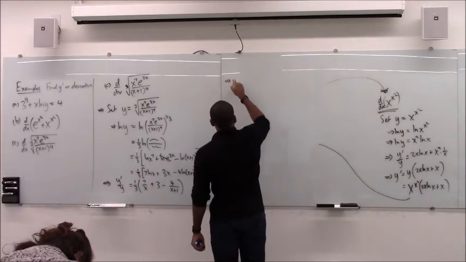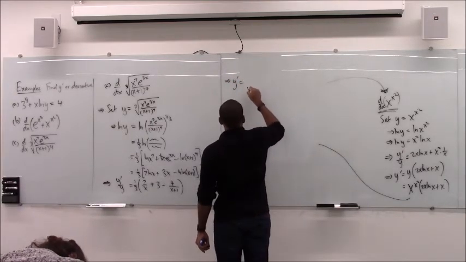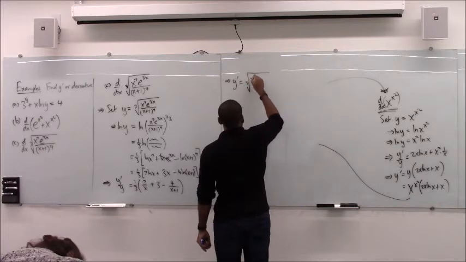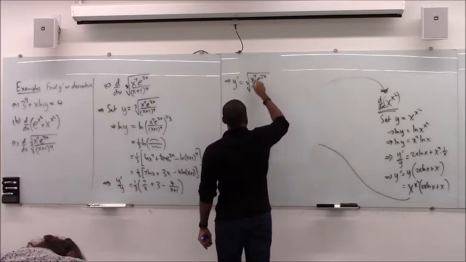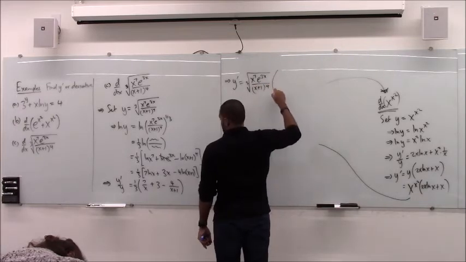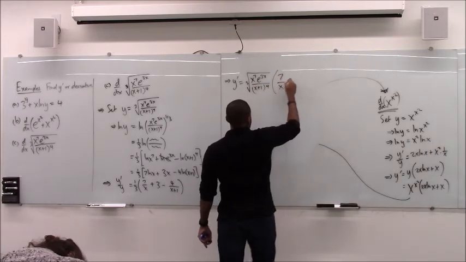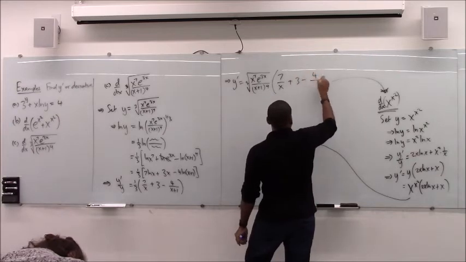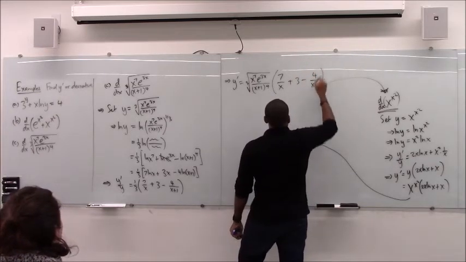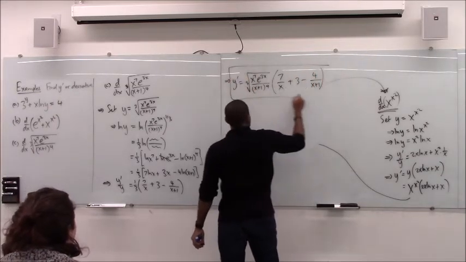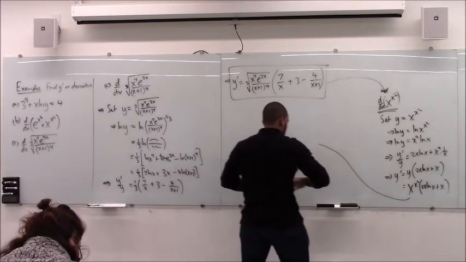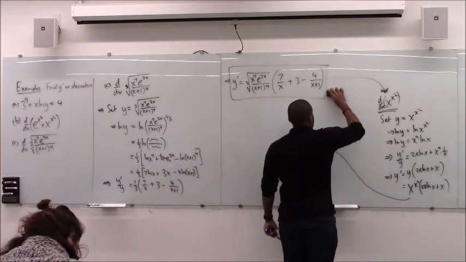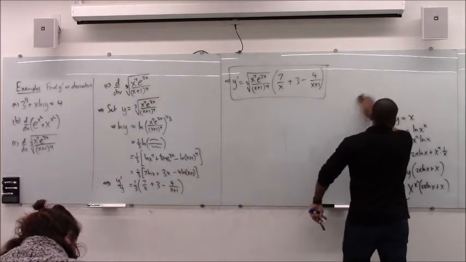This means that my y prime is equal to the original function times 7 over x plus 3 minus 4 over x plus 1. And that is using log differentiation.